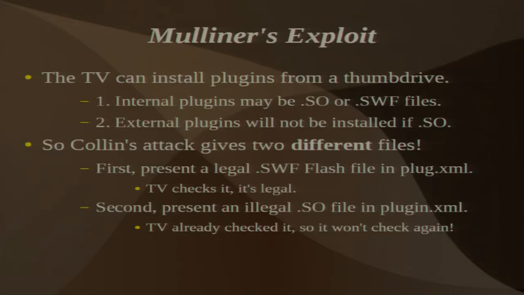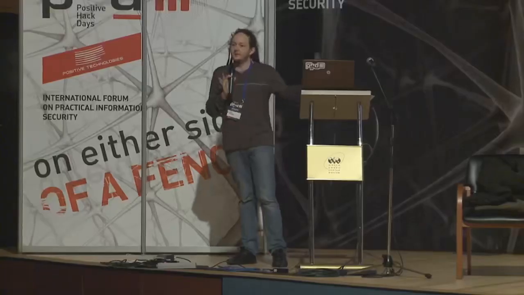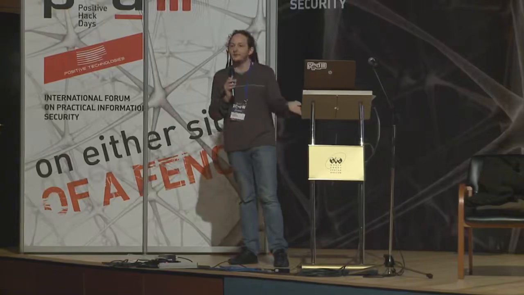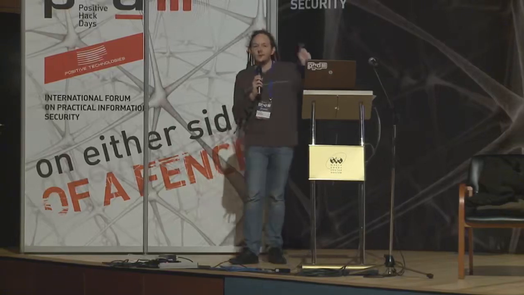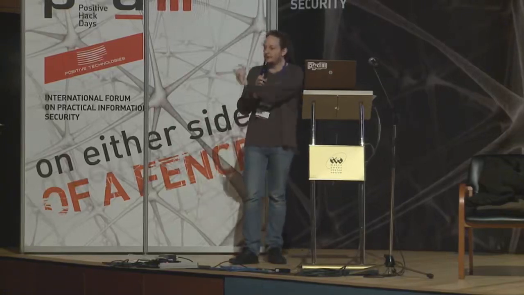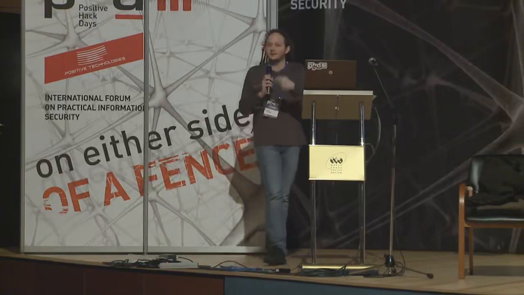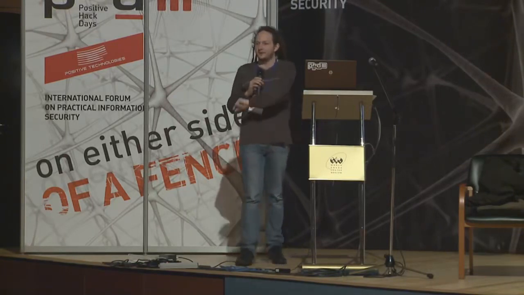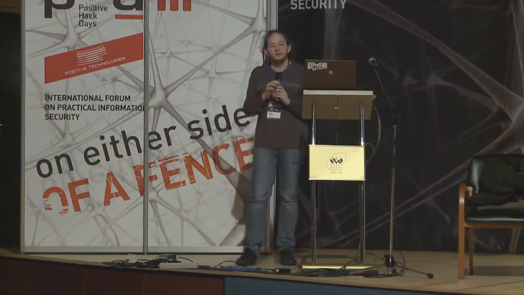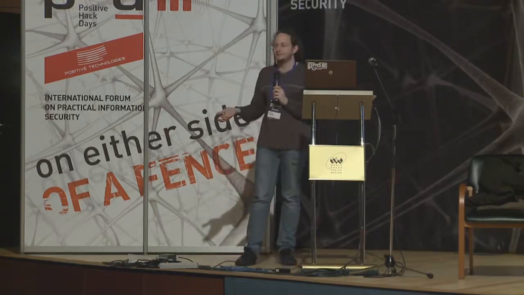Then he flushes the disk cache, and he does this by making the file very large so that the file system cache doesn't remember the beginning of it. So when the second shell script reads the file again, it physically hits the disk and does not read it from file system cache. And at this point, he presents an illegal plugin.